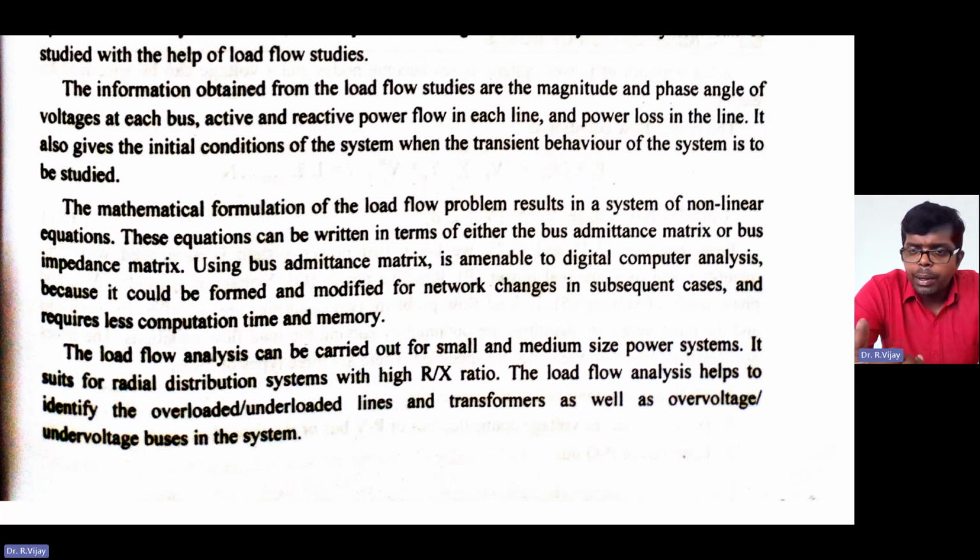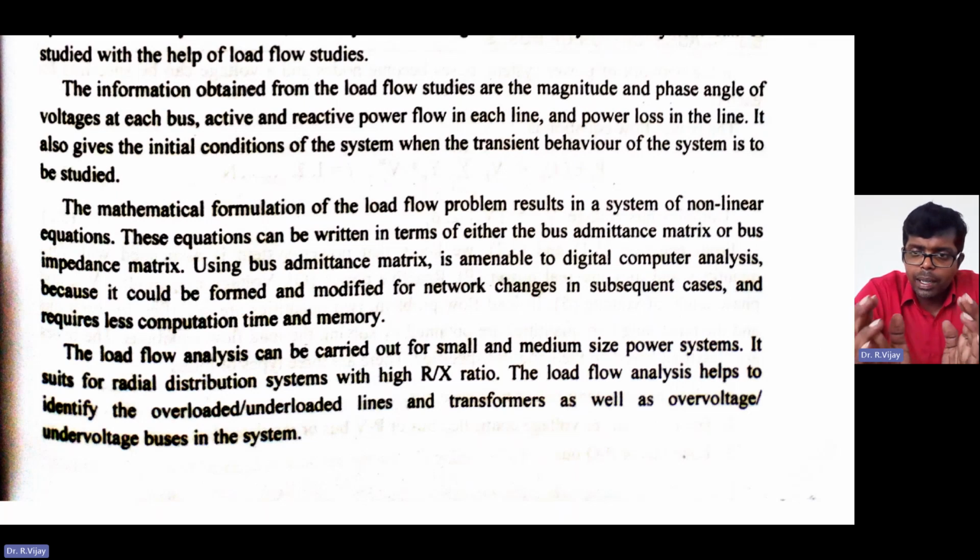So that makes the power system engineer's job simple, and the time taken for solving is also short. Say, for example, that 40 bus system, if you solve it with pen and paper, it might take more than a day, 24 hours also.